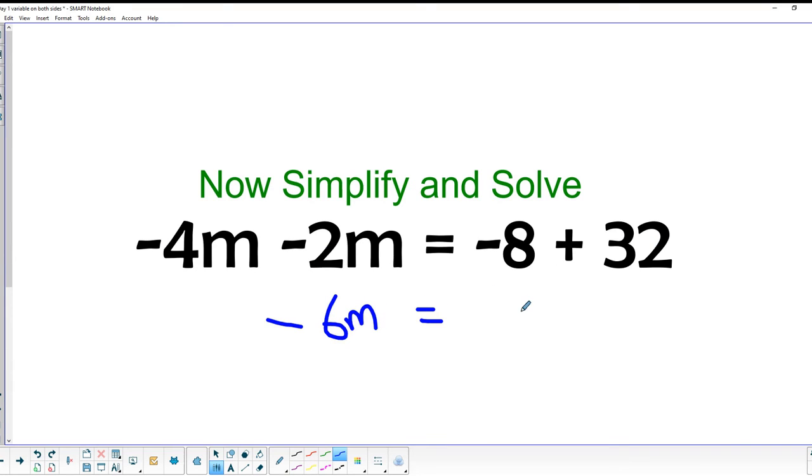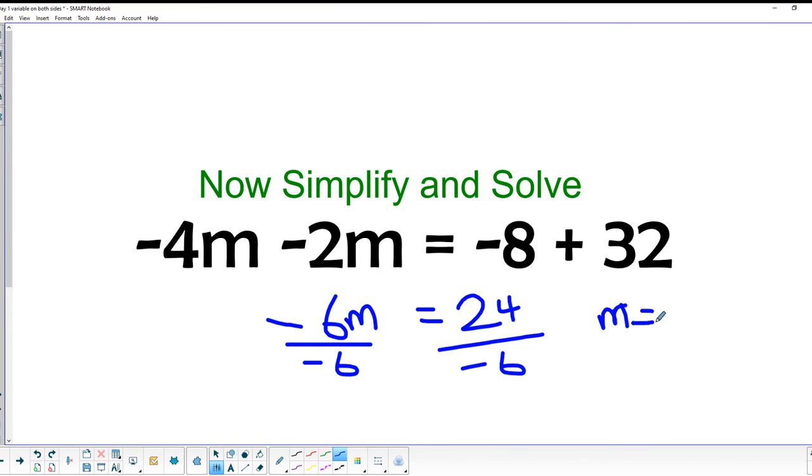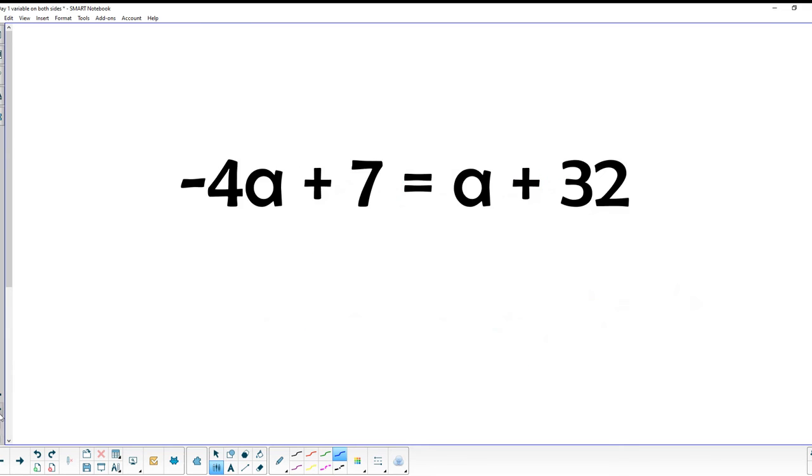Negative 8 plus 32 is 24. Divide by negative 6. And we end up with m equals negative 4.